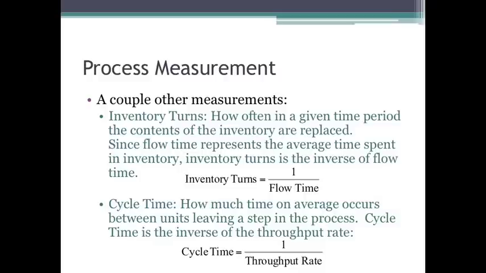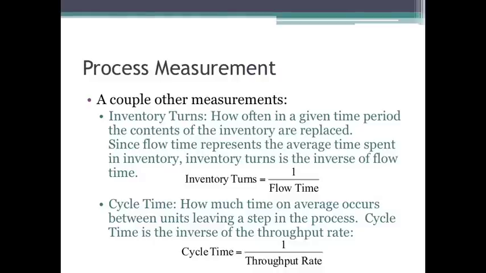And then there's cycle time. Now, cycle time we see sometimes as the amount of time between items leaving a particular step in the process. So how long does it take between one item leaving a particular step and the next item leaving that particular step? Cycle time we generally view as the inverse of a throughput rate. Now, you do see cycle time every so often in calculations.